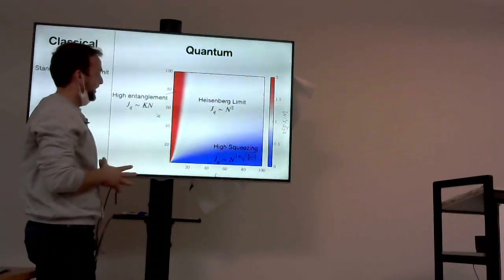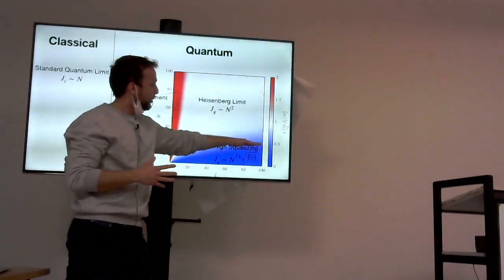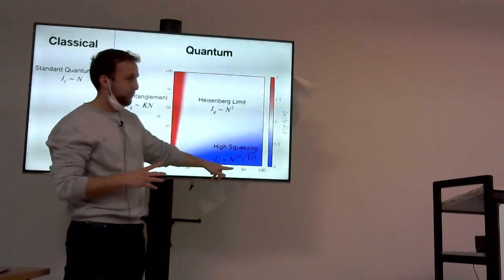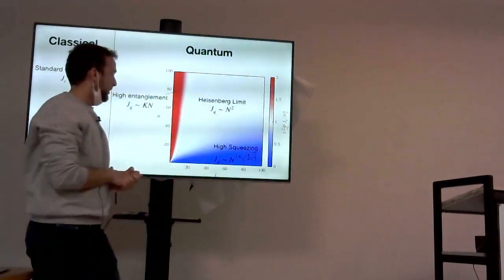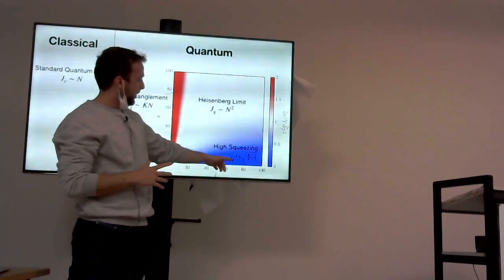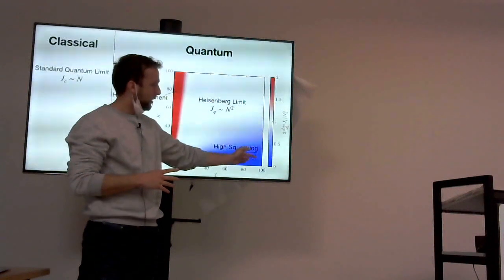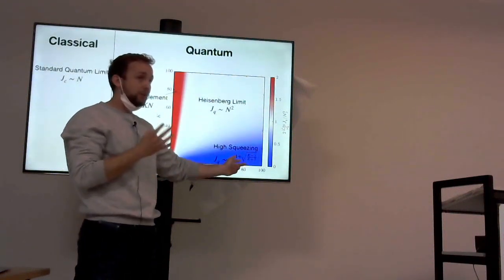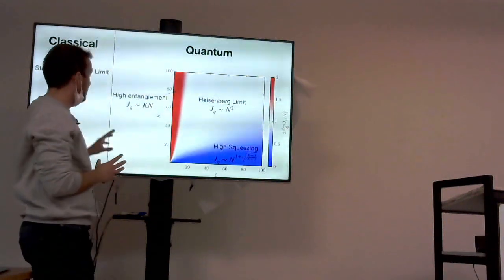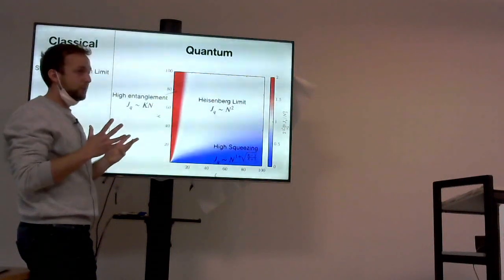And then here the high squeezing regime. We don't have so much frequency entanglement, but a lot of squeezing. And there we find this scaling: n to the power of 1 plus some term that's larger than 0. So we have a scaling above the standard quantum limit, and thus achieve a quantum advantage.